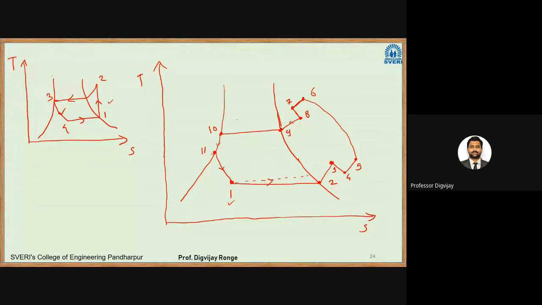Again, there is a pressure drop in the condenser, so point 10 will be here. So those lines won't be constant, because it is not an isobaric process in actual cycles. There is a pressure drop.